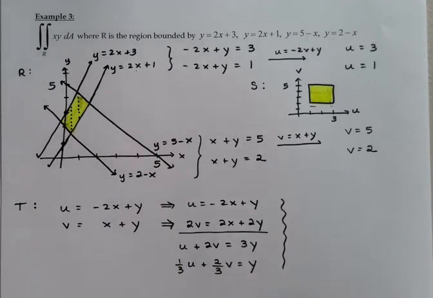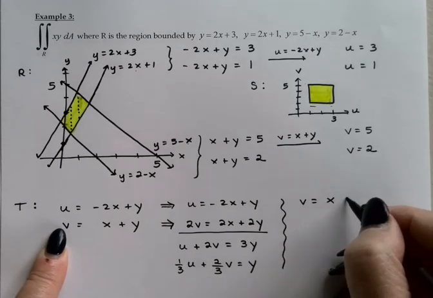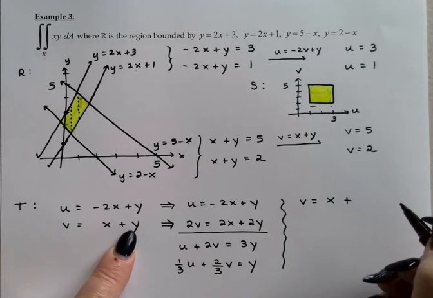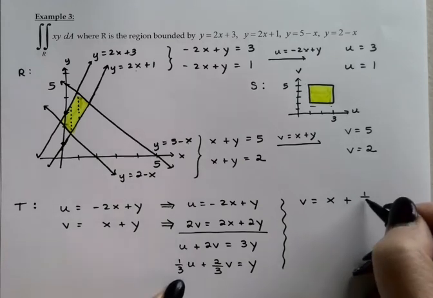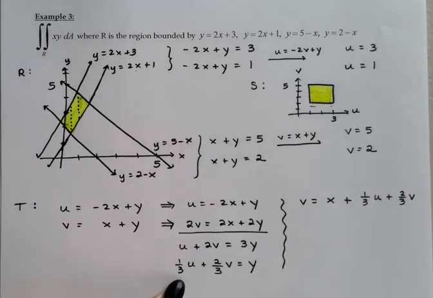If I now do something kind of similar, I can either eliminate again, or I think I'm just going to substitute. If I substitute the y into this bottom equation, I have v equals x plus, I'll replace that y with 1/3 u plus 2/3 v.